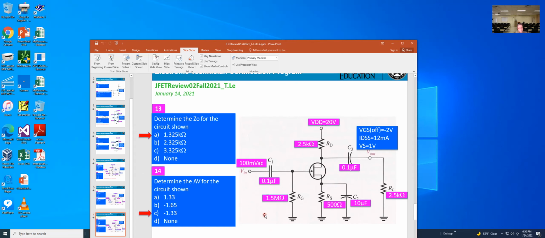Okay. And number 14, they want to calculate the voltage gain. 14 will be minus 1.33. 14 will be C. If you want it, you have to go back into the common source and get the formula to calculate the gain.